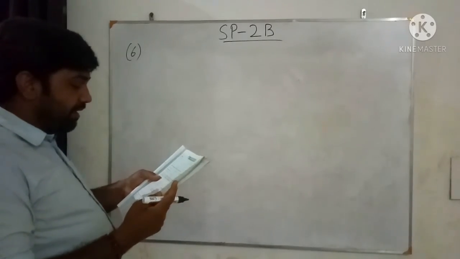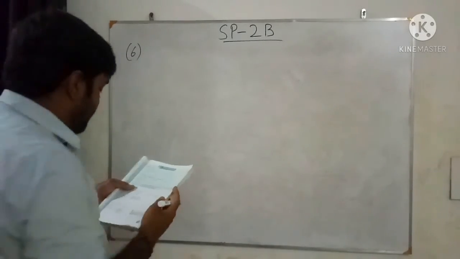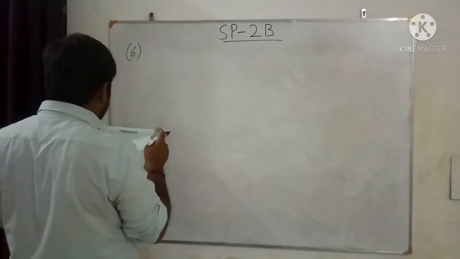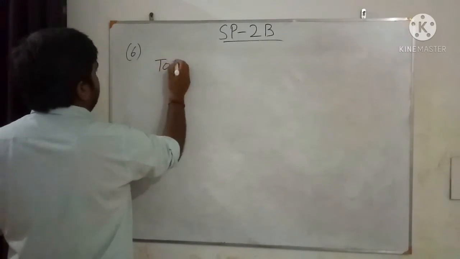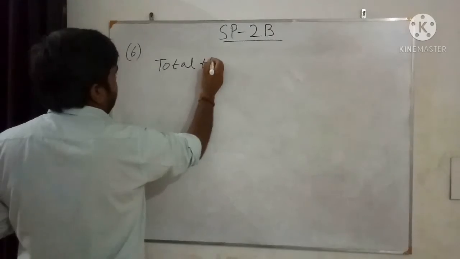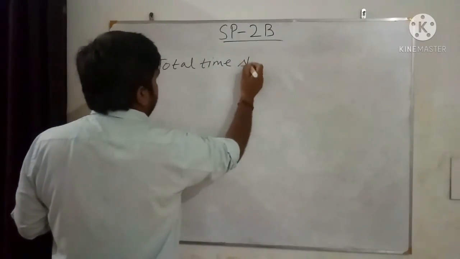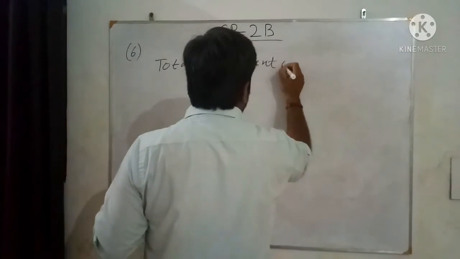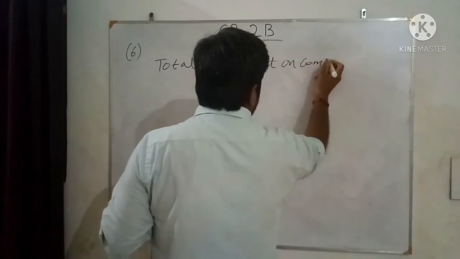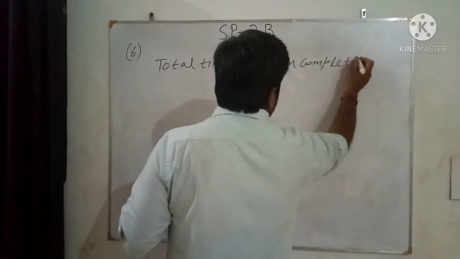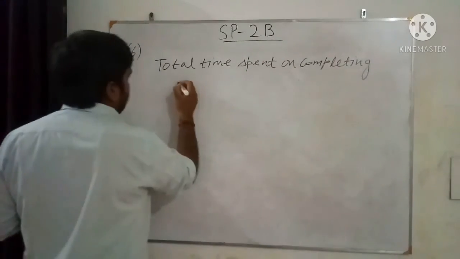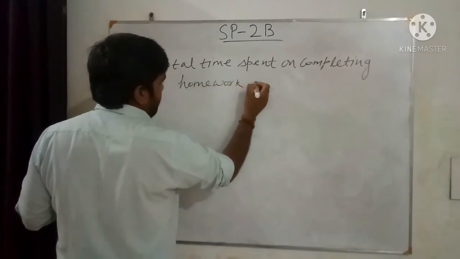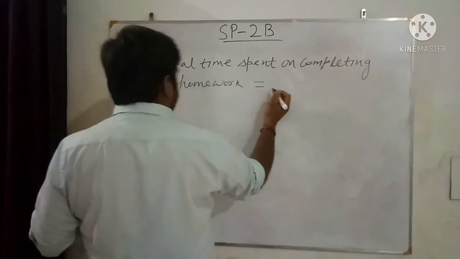So how much time did she spend on learning spellings? So total time is spent on completing homework. Total time spent on completing homework equals to 90 minutes.